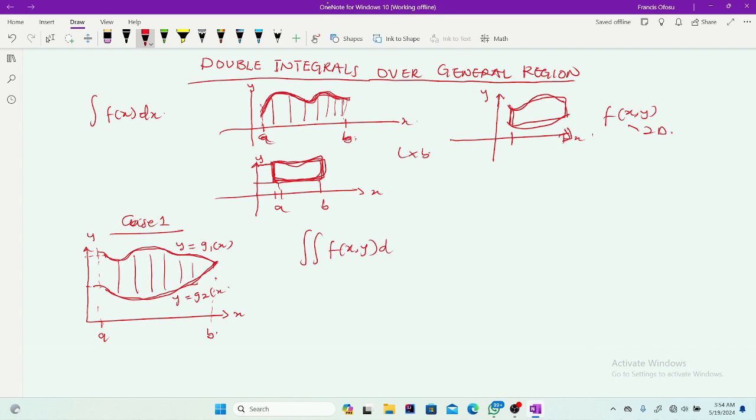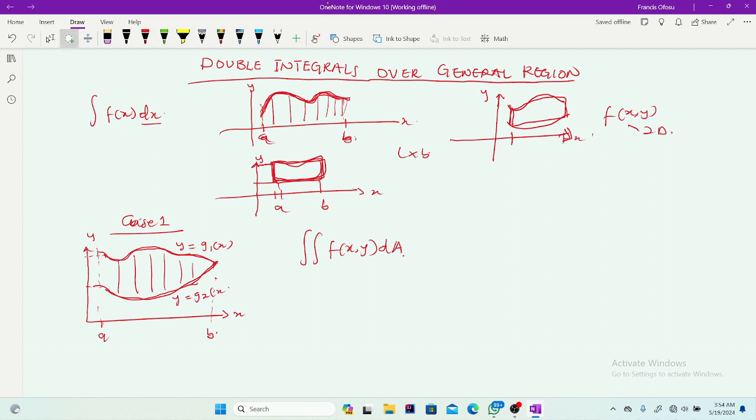Then the dA shows that we are integrating over an area, not just a point, as we do in the single variable case, dx or dy, when only a single variable is changing. But in this case, two variables are changing, so it's being integrated over a big area.